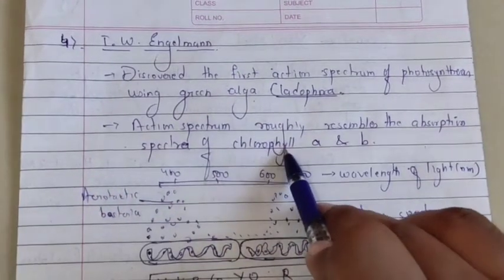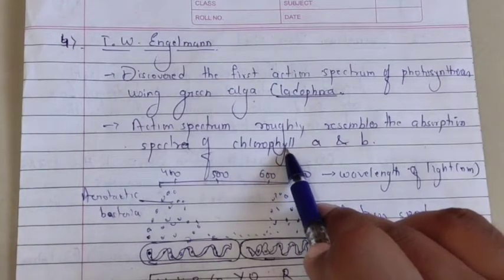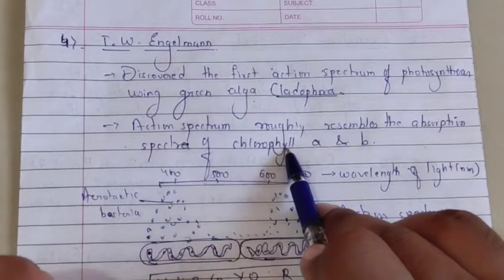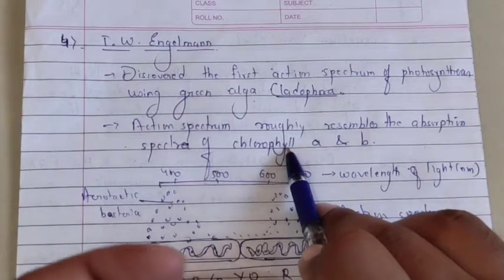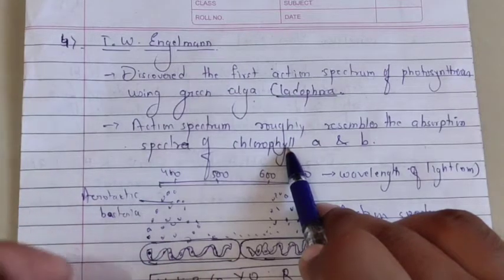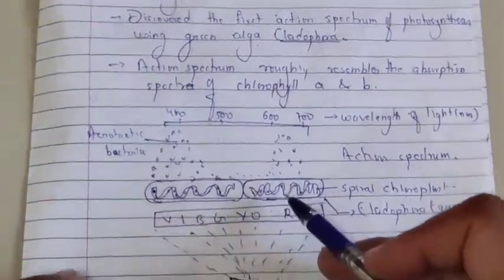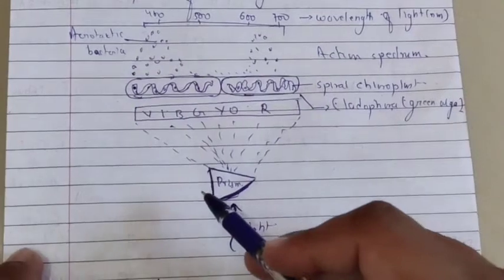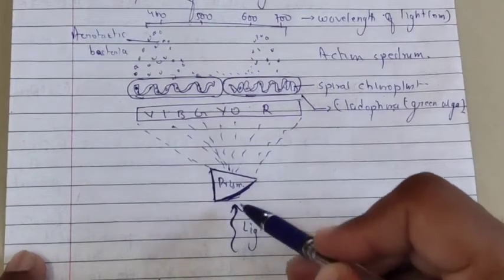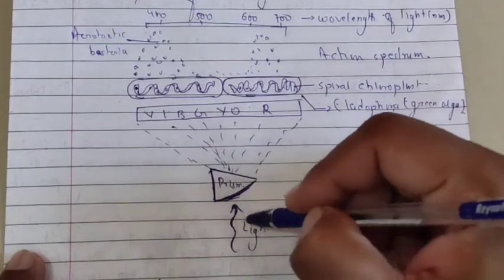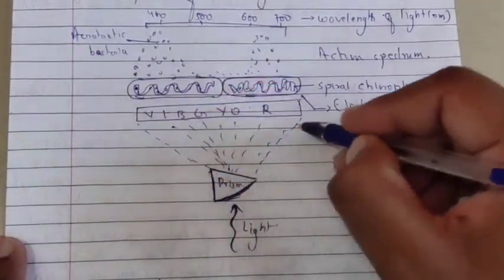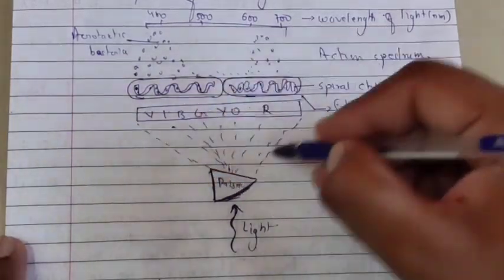We know that there are different types of chlorophyll molecules and they absorb light of different wavelengths. In visible light, there are different wavelengths, which we are going to see. Here, he took a prism through which he passed the light, and when we pass light through the prism, it splits the light into different wavelengths, that means different colors.